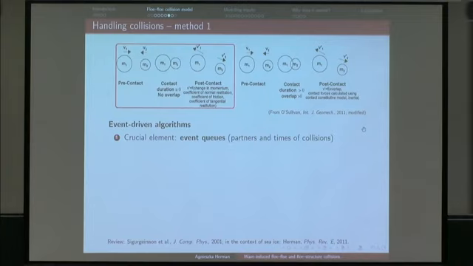The first one, which was used in molecular dynamic models and models similar to those, is based on the so-called event-driven algorithm, which means that our model progresses in time from event to event, and the event is a collision. So what we have to build are event queues storing the information about partners and times of collisions.